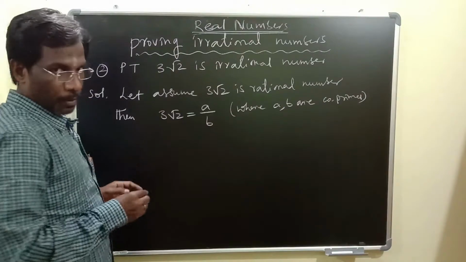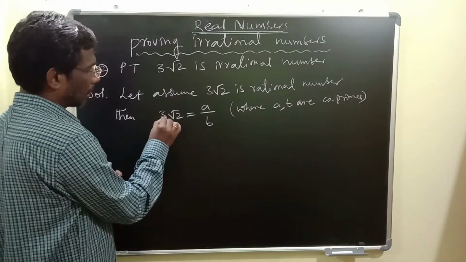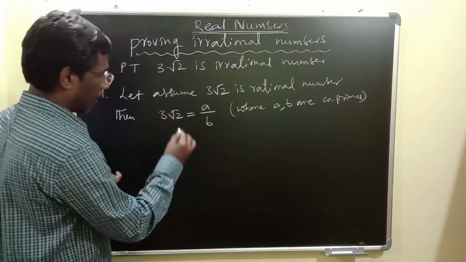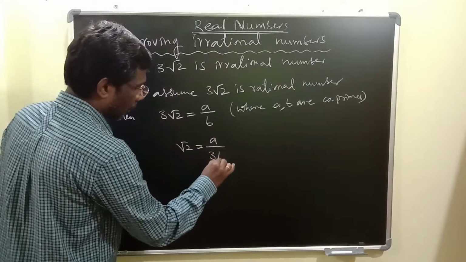So in this problem, you keep root 2 as it is and transfer this 3 to the right side, then that becomes A by 3B.